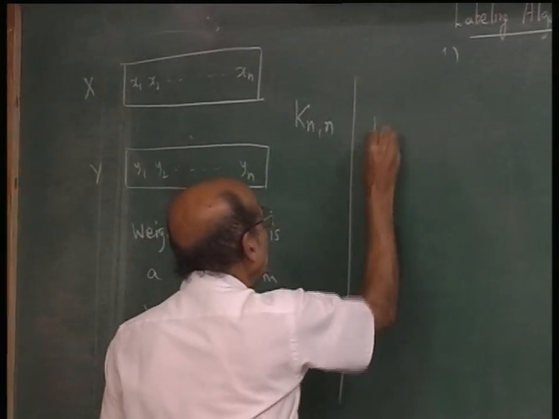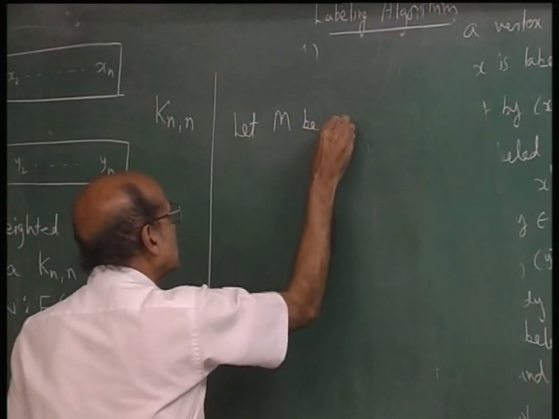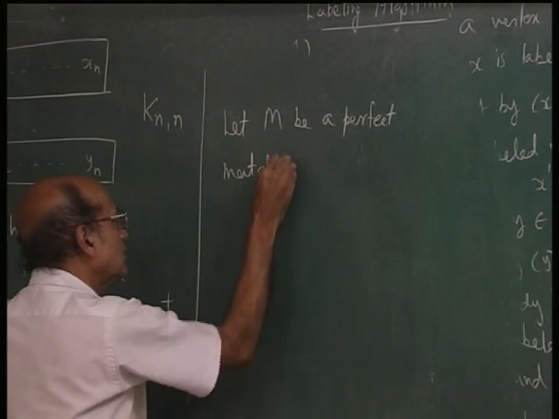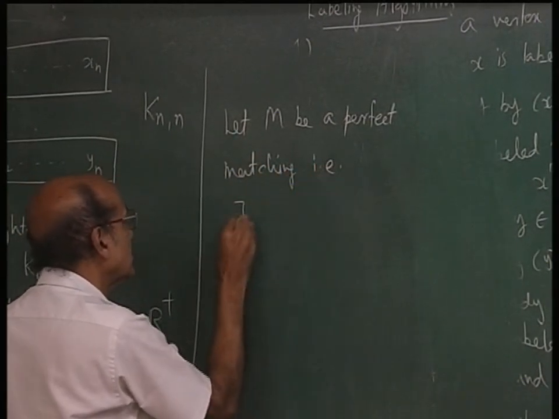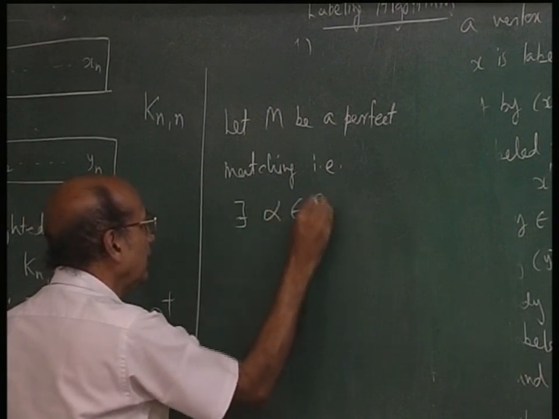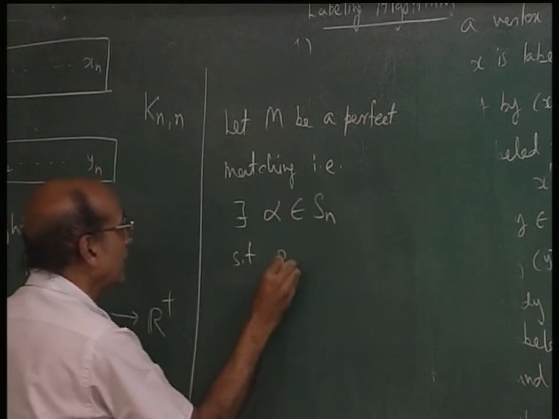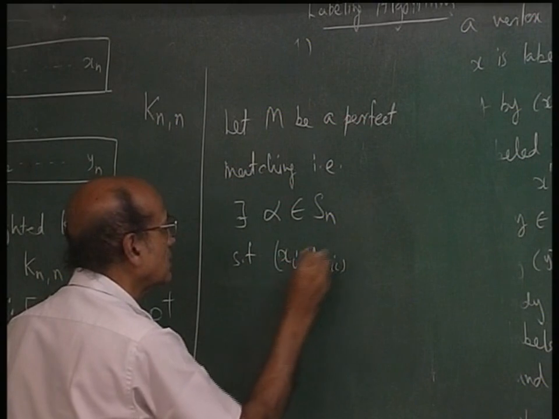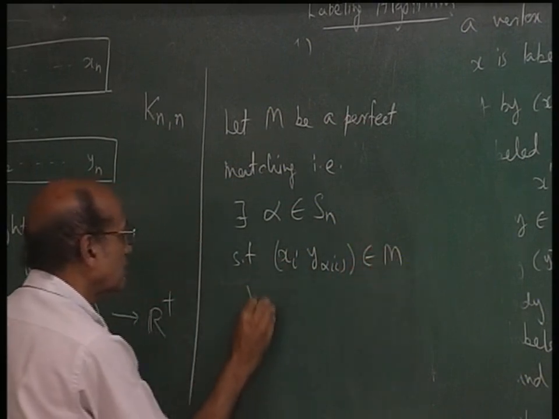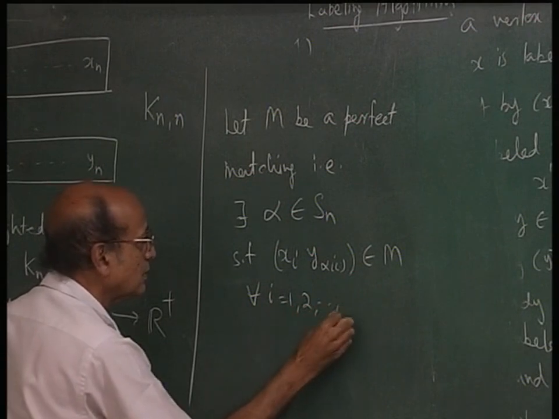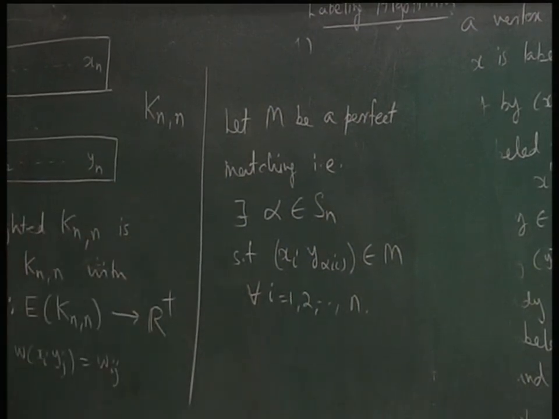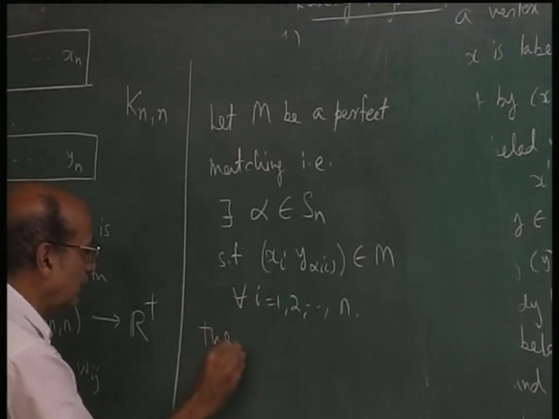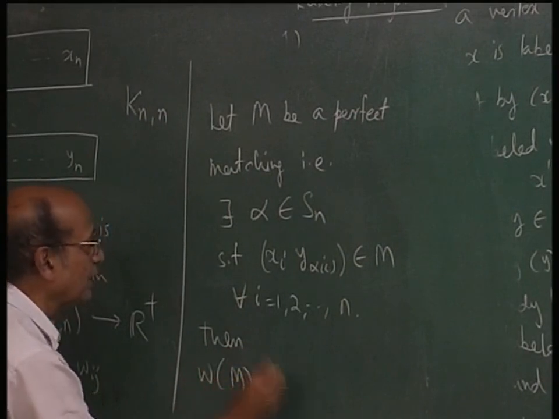Let M be a perfect matching. There exists a permutation alpha in the symmetric group such that xi is paired to y alpha(i). Then weight of M is just the sum of weights of these.